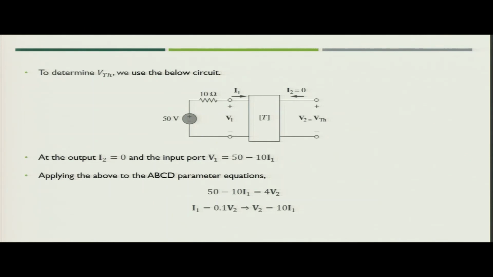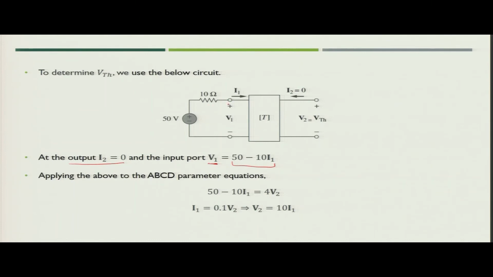Now, next task is we need to find out the value of VTH. So, for finding out the value of VTH, the value of current I2 will be 0, because this port will be open circuited, and the input port, the value of V1 will be now 50 minus of 10 I1.